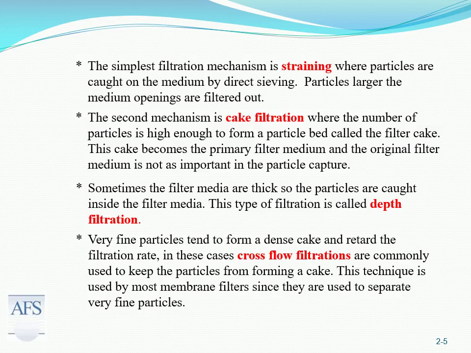This page iterates the 4 filtration mechanisms we just discussed. Membrane filters are used to catch very fine particles which form very high flow resistant cakes. To prevent this high resistant cake from forming, a technique called crossflow, as shown in D, is used. With sufficient shear generated by the crossflow, a cake cannot be formed and a decent flow rate through the filter can be maintained.